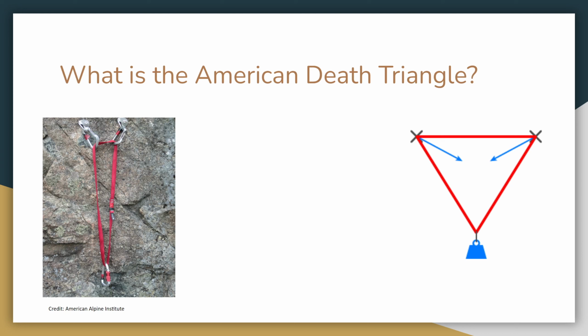It turns out that the carabiners wind up being in the direction of those blue arrows, and that is the direction of the tension on the carabiner itself. So the tension forces on the carabiners are in that direction.